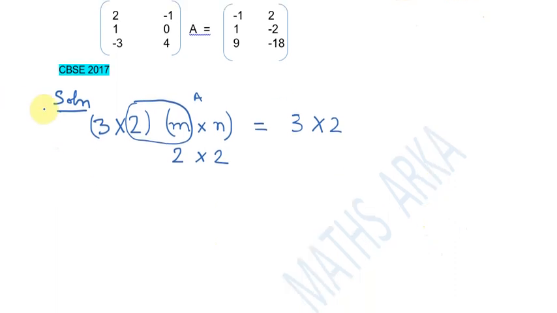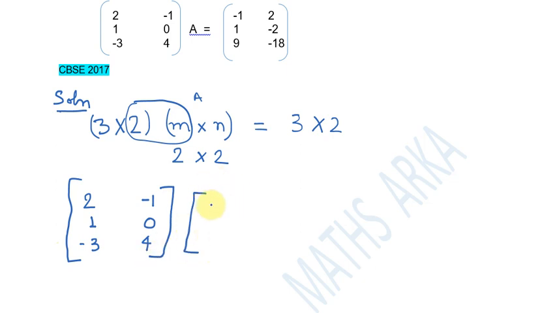Now we have the order is 2 cross 2, so let's write what all is given. 2 and minus 1, here 1 0 minus 3 and 4. This is our matrix that is given, and then A is of order 2 cross 2, that means just take A, B, C, D, or you can take whatever you like, A11, A12, that way also.